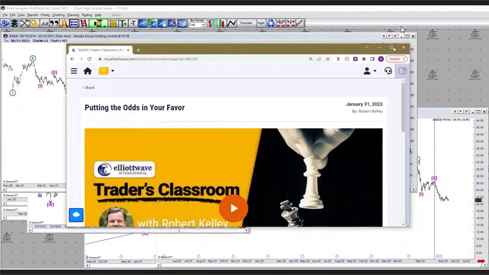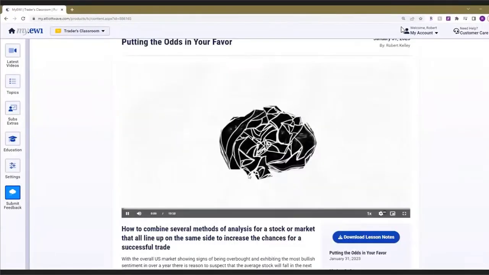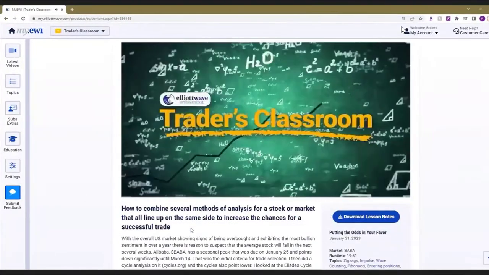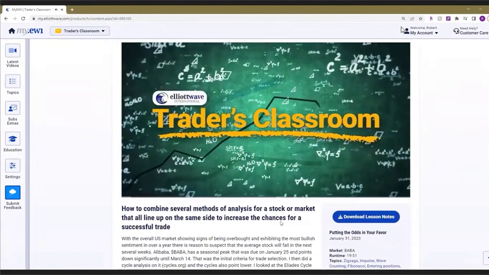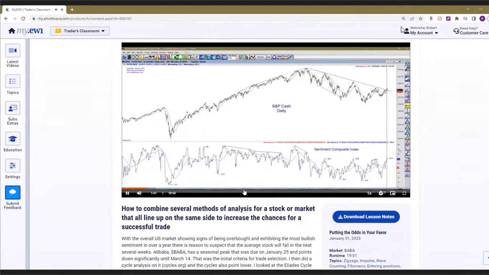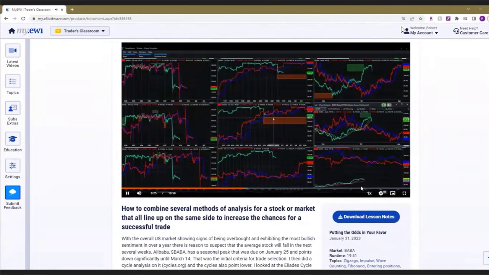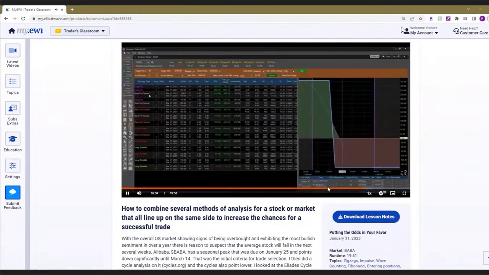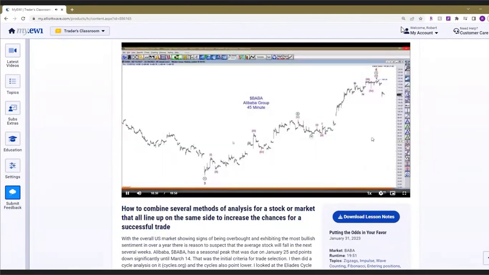All right, so this is a trade that I did discussing a whole bunch of technical setups, for PNC Bank, or excuse me, Alibaba. And this was the wave count. I had an ABC wave 4 complete on January 31st.